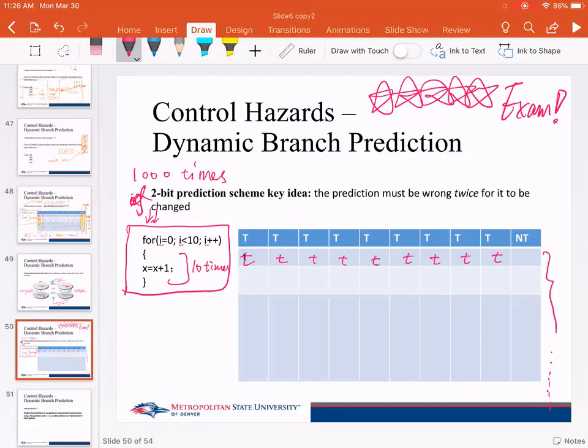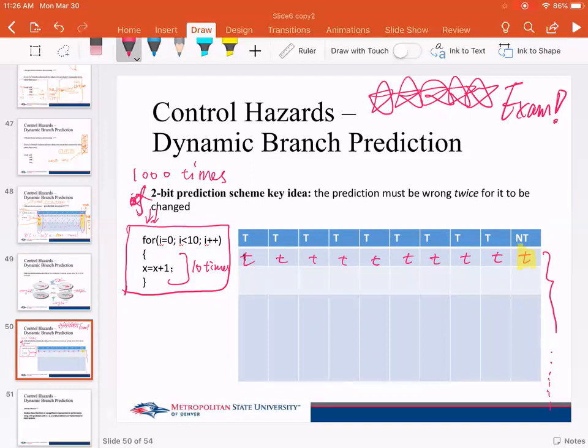However, according to my buffer, of course, I have a T here because I just follow what I have in the buffer, right? What I did is a T, and your prediction is a T, and the reality is an NT, so that means you did the wrong prediction. So the last column here is a wrong prediction. That's fine, that's okay, right?